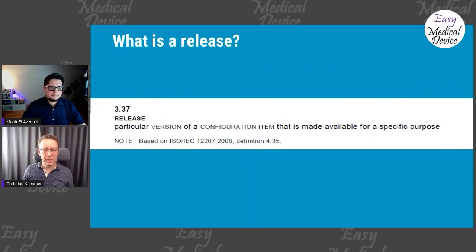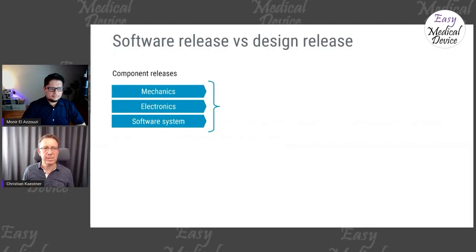Release, as defined according to 62304, is a particular version of a configuration item that's made available for a specific purpose. In the context of 62304, software is a component. If you look at what's stated in 62304, it's released for utilization at system level, which means the software development process of 62304 delivers a piece of software, nothing more.